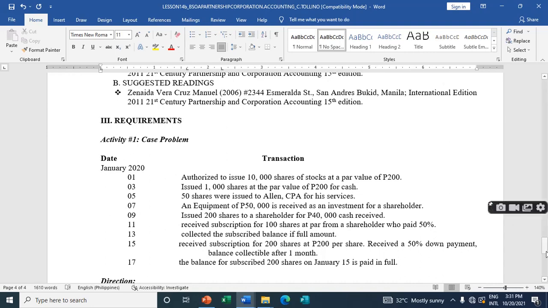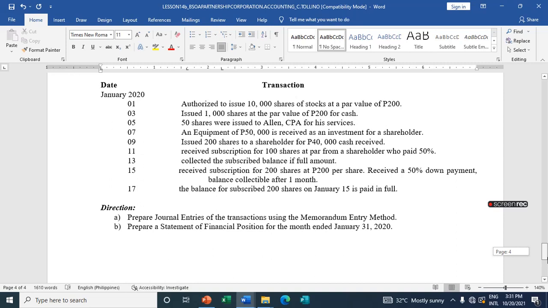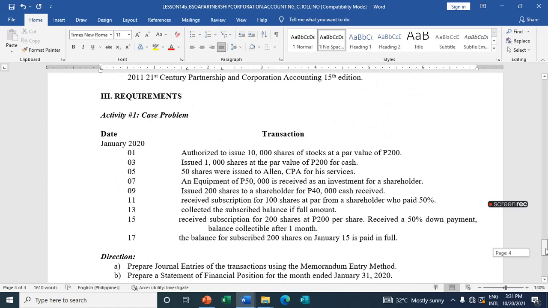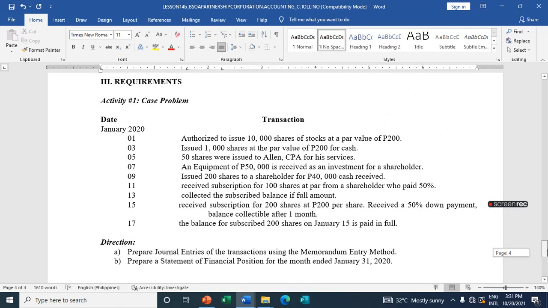There is a case here, and what you will do is prepare the journal entries of the transactions using the memorandum entry method and prepare the statement of financial position for the month ended January 31, 2020. Let's say the name of the company is Creus Company.